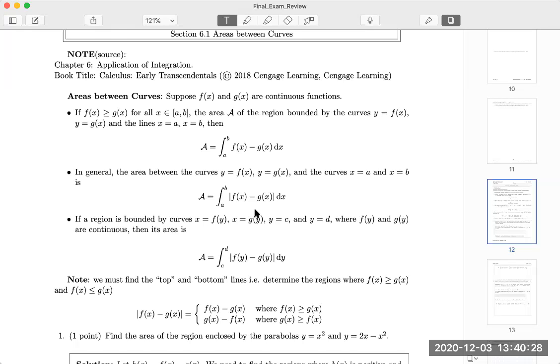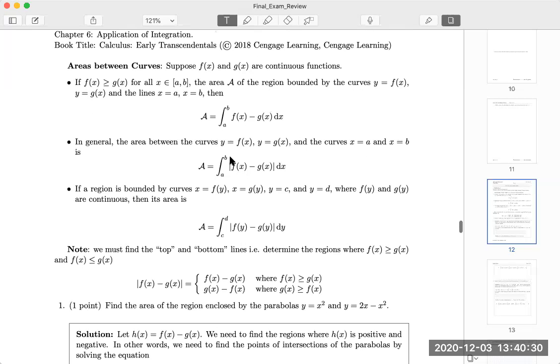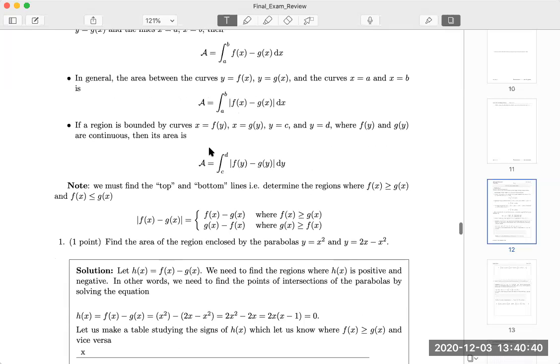The absolute value sign here is tricky. We want to get rid of that. If we know where f is larger than g or g is larger than f, we can get rid of the absolute sign.